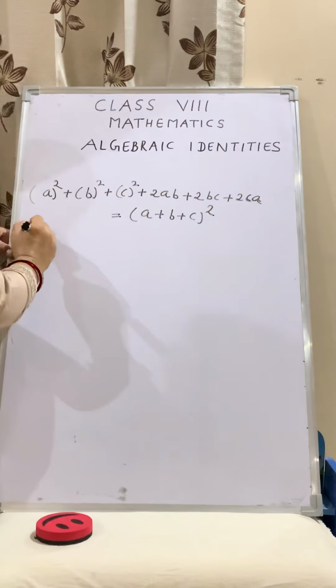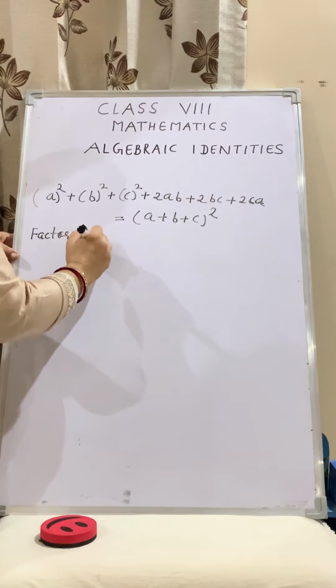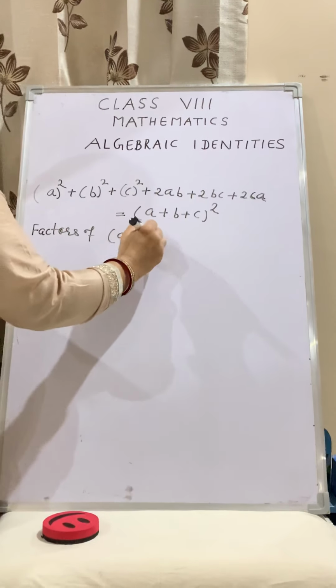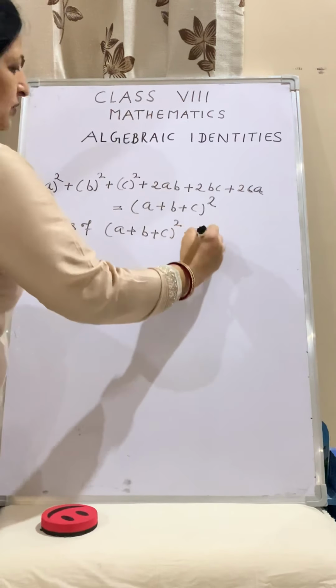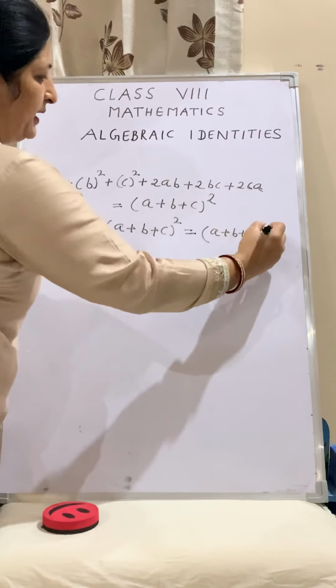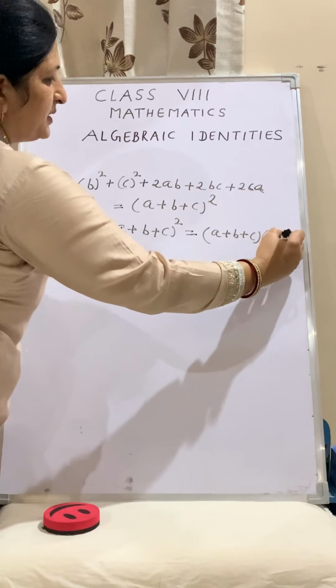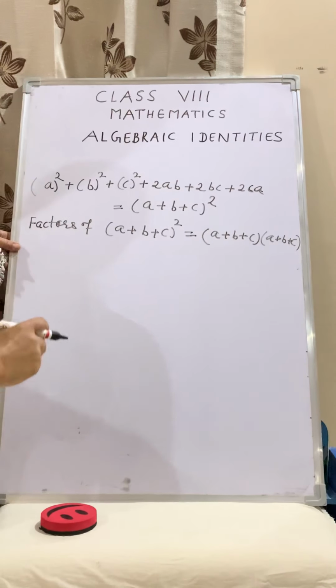And the factors of a plus b plus c whole square are a plus b plus c and a plus b plus c. You have to write it down 2 times.